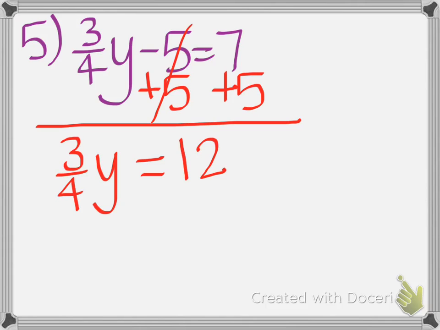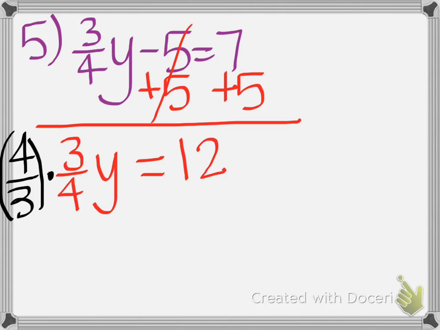And we're back to multiplying by fractions. So whenever I have a fraction, remember I want to flip it and multiply by the reciprocal. So I'm flipping this fraction, so it's going to be 4/3.